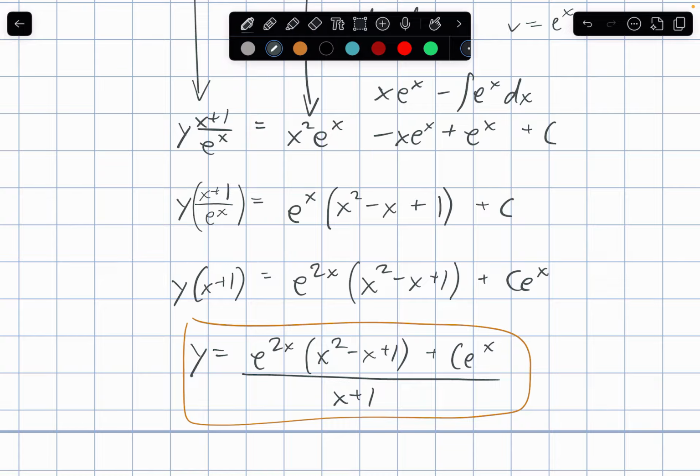The general solution. Let's verify if it's correct. I have a discrepancy from the answer key. I wonder what went wrong.